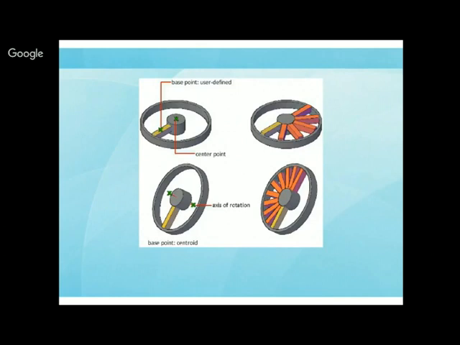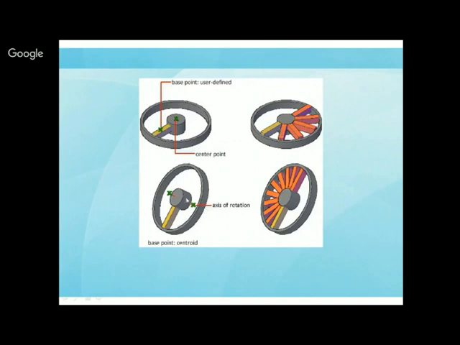This is another example. If you see the left hand corner item, this is the base point, and here the yellow object is copied on the right hand side in a polar fashion with number of items as 1, 2, 3, 4, 5, right. So total items 6.